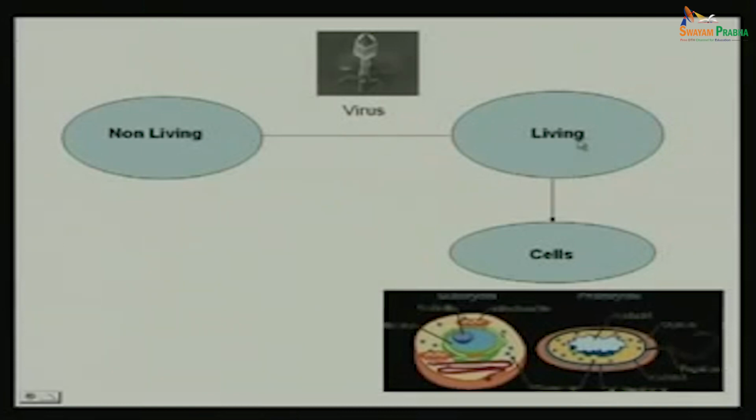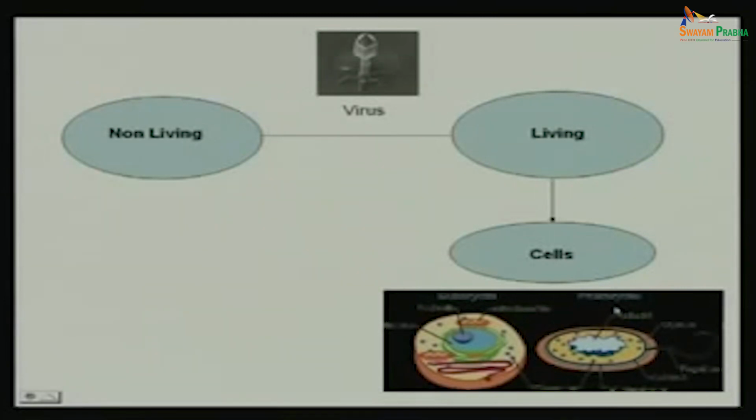So, if we see the living system, then cell is a basic unit of the living system. If we classify the cells, it can be broadly classified into two major groups. One is called the prokaryotic cell, another is the eukaryotic cell.